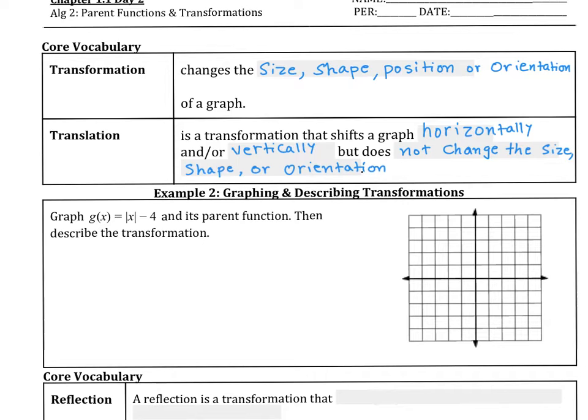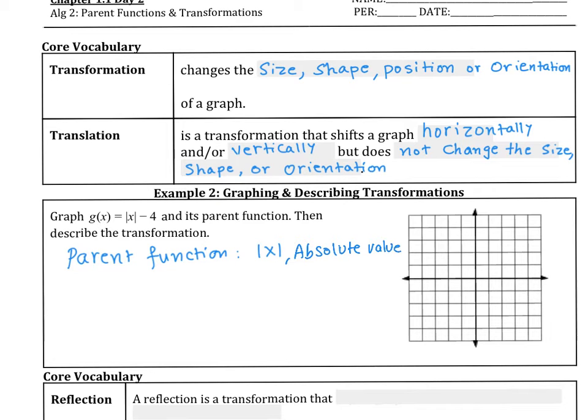Now, let's just look at example number 2, graphing and describing transformation. Graph g(x) = absolute value of x minus 4 and its parent function. Then describe the transformation. So the parent function for this type of graph is, you probably know by now, absolute value of x.